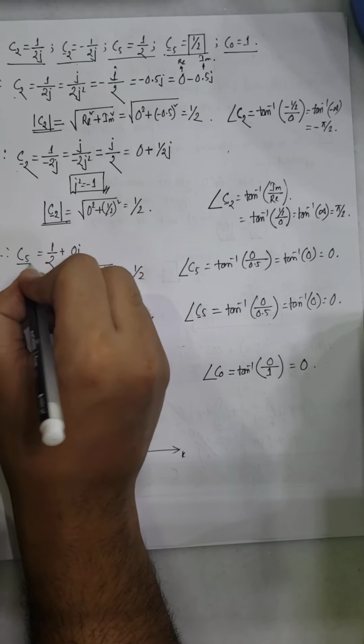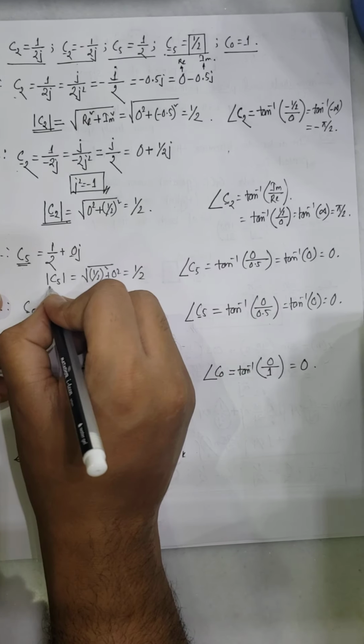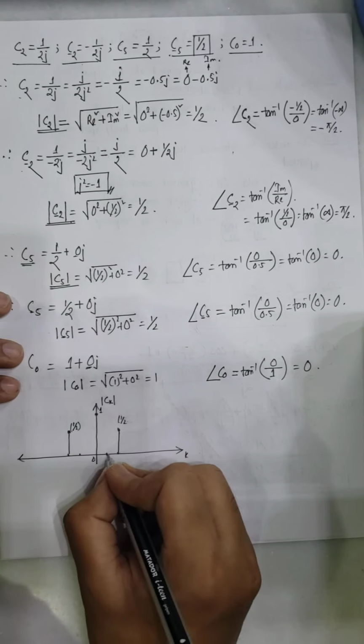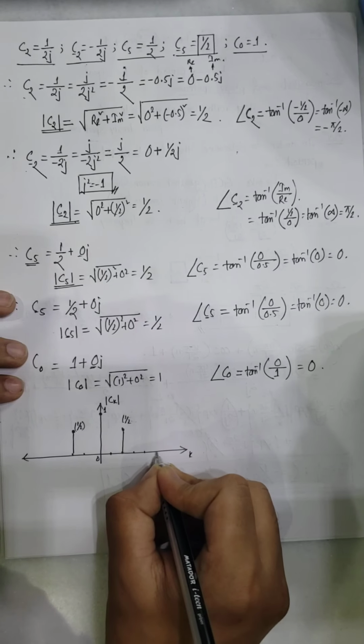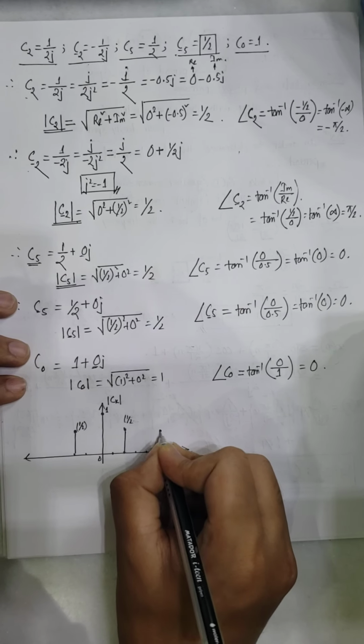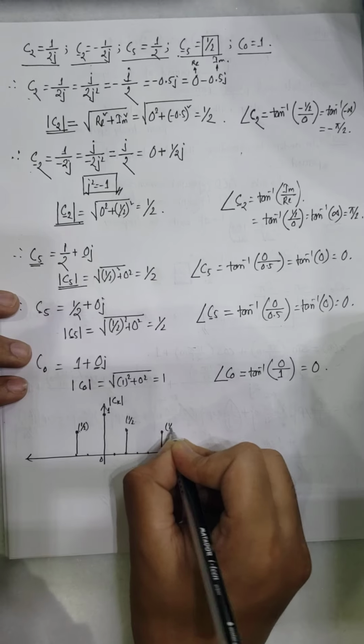Again, for C5, when k equals 5, the value is half. This is 1, 2, 3, 4, 5. This is half.